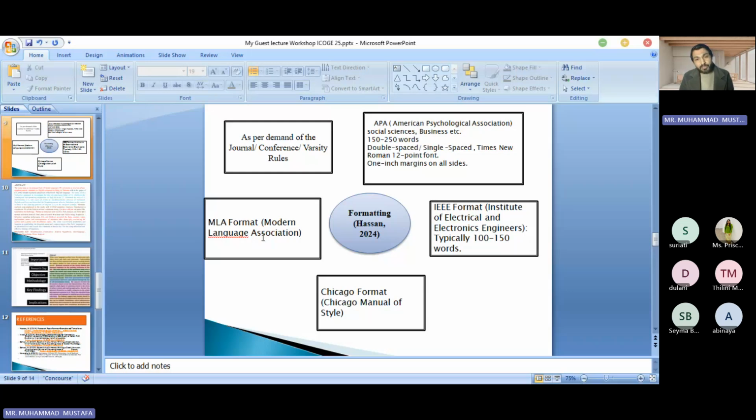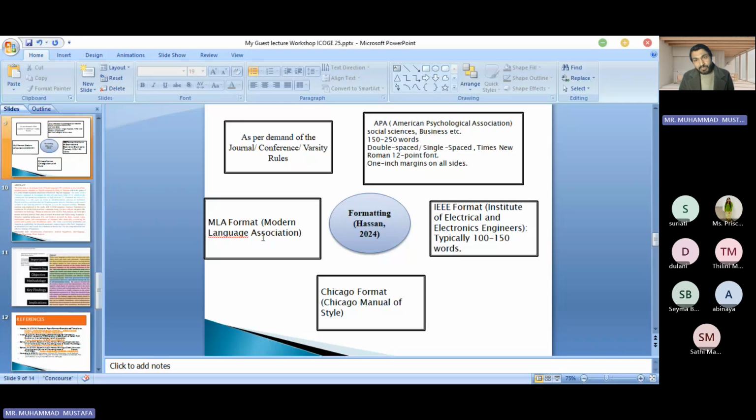So if you are going to submit your abstract somewhere, we have to notice which type of format they are asking for. If they are asking for MLA style, we have to follow. If they are asking for APA style, we have to follow. The next format is IEEE, which stands for Institute of Electrical and Electronics Engineers.